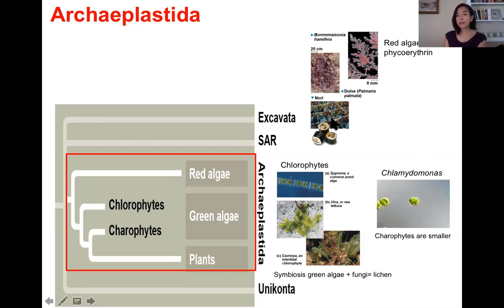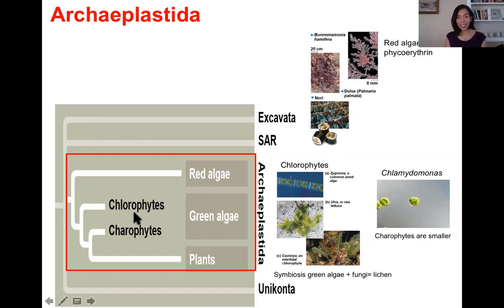Have you eaten sushi? Okay, the layer of sushi, the nori that we call, is red algae. Green algae don't produce this phycoerythrin, so they look green. The chloroplast is not masked in comparison with the red algae.